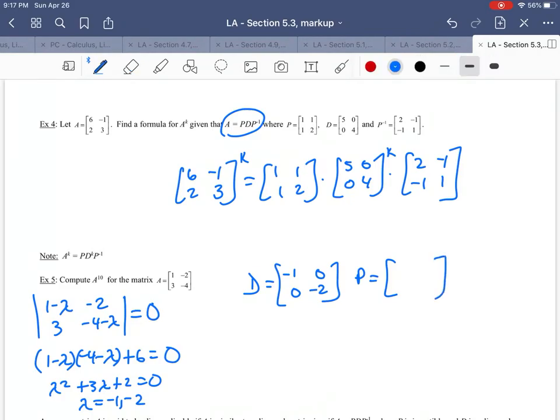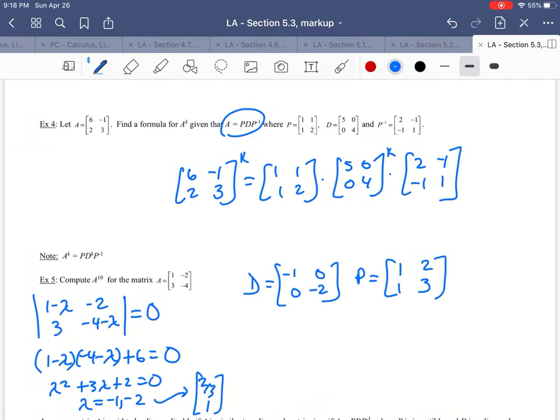So the eigenvector for -1 is 1, 1. Now, the eigenvector for -2 actually turns out to be something kind of ugly. It turns into 2/3 and 1. But remember, you can use that or any multiple of that. So I'm going to go ahead and multiply that by 3, and it becomes 2 and 3.